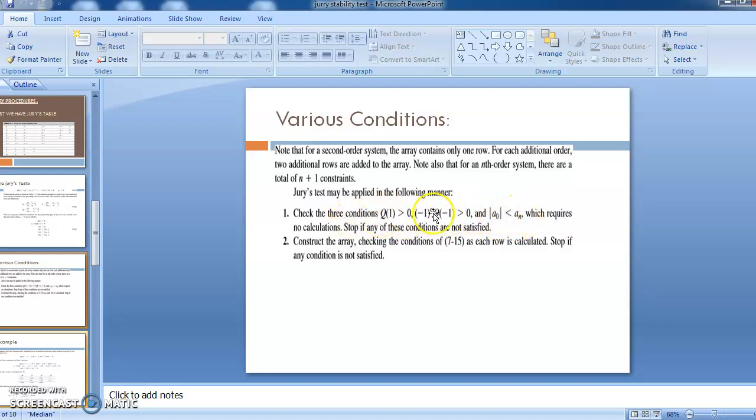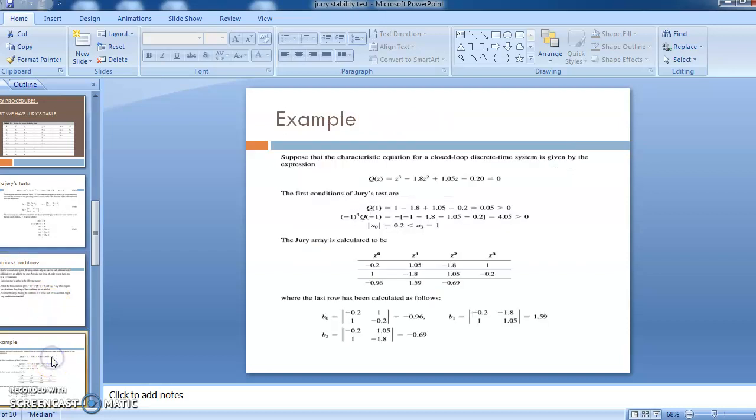For this, we didn't require any calculation part. That means these may be checked from the characteristic equation only. And after that, just make the array or table, and from that table you may check the remaining conditions, right? So we are just going to apply this on this characteristic equation.